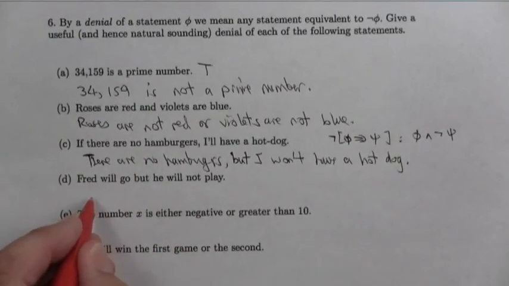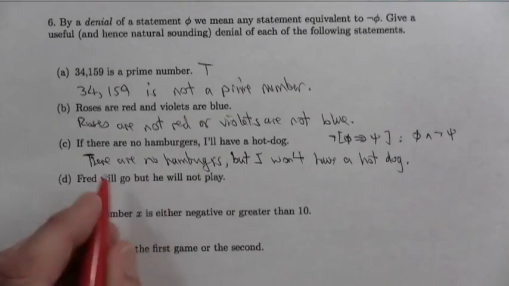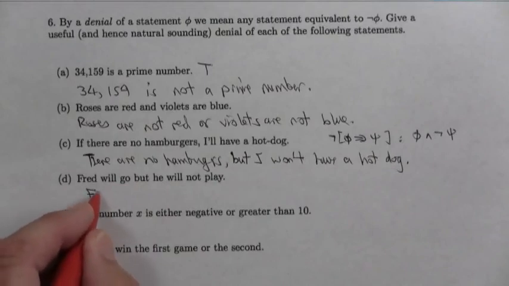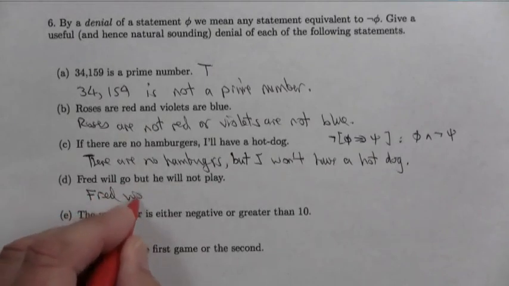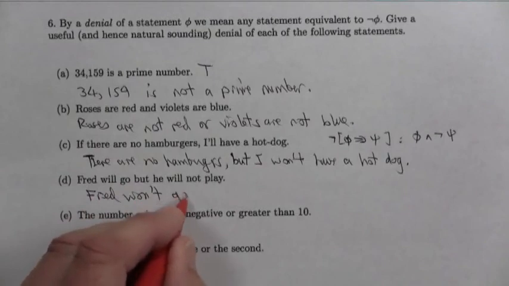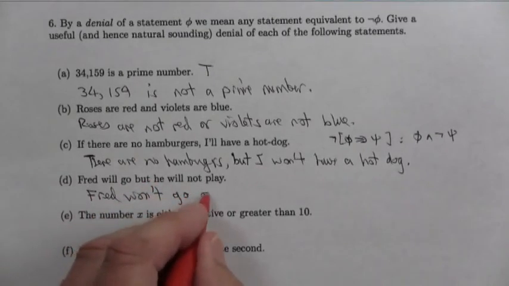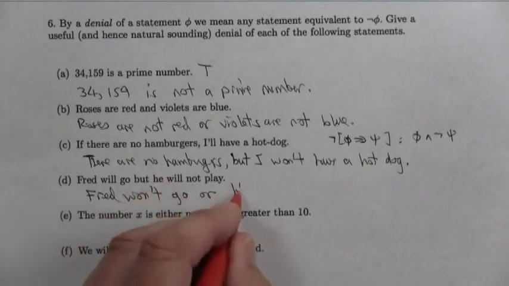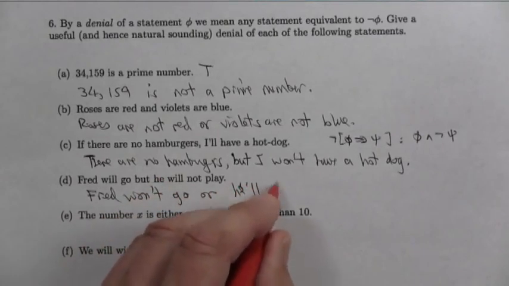Fred will go, but he will not play. Again, the but is really just the same as an and, so when we negate that, we'll get Fred won't go. The and becomes an or. We got or he'll play.